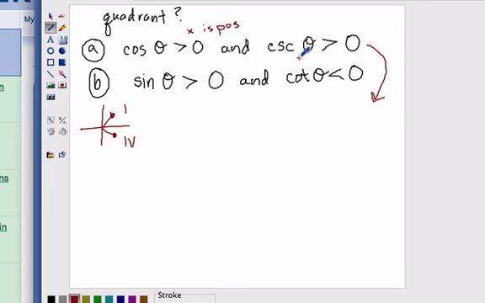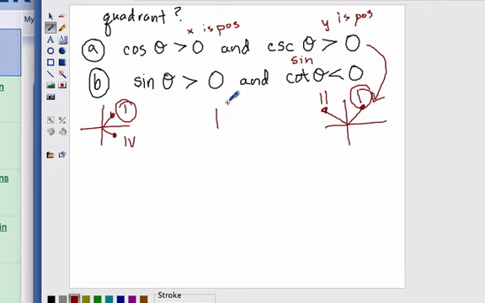Cosecant is the reciprocal of sine. And so this goes with y, so y is positive. Y is going up, so x could have been positive or x could have been negative. That's quadrant 1 or 2. So we see what's the same here, and that's quadrant 1 for part A.